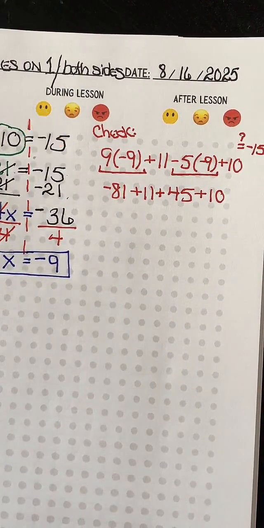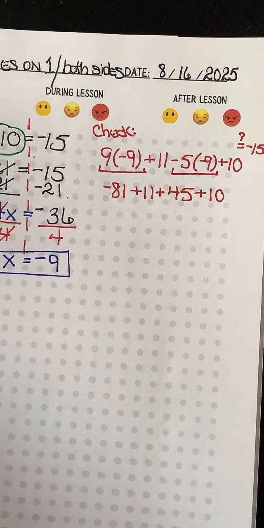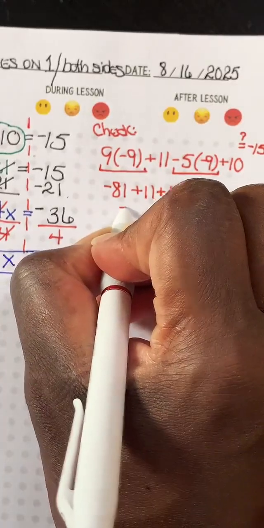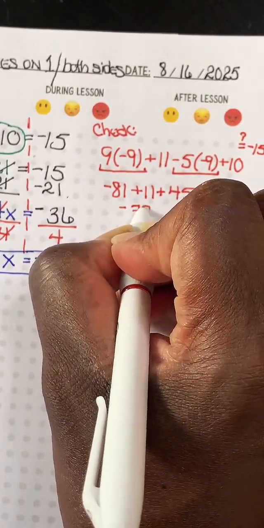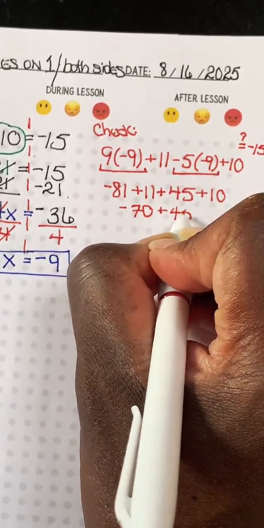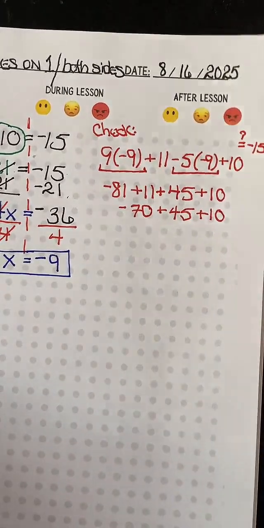Okay? So now we have our -81 plus our 11. So this gives me -70, because remember, we got to go from left to right. All right.